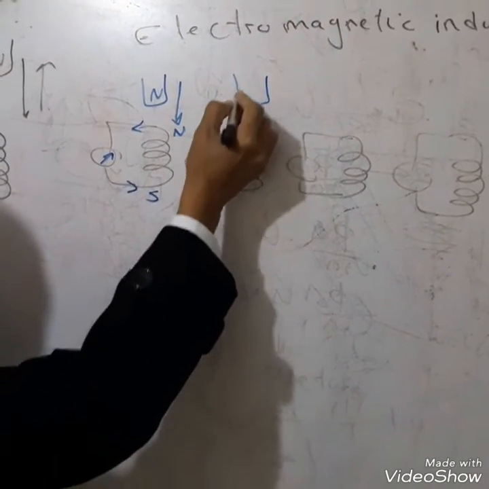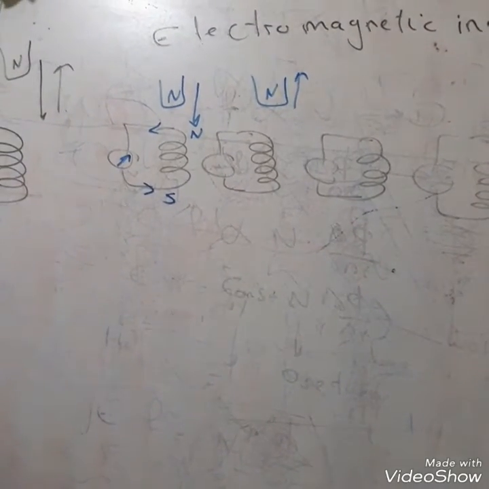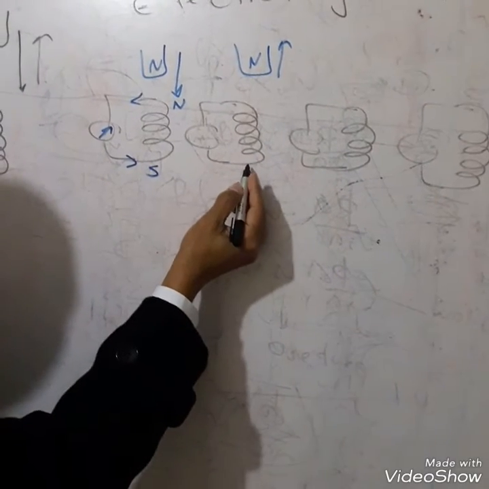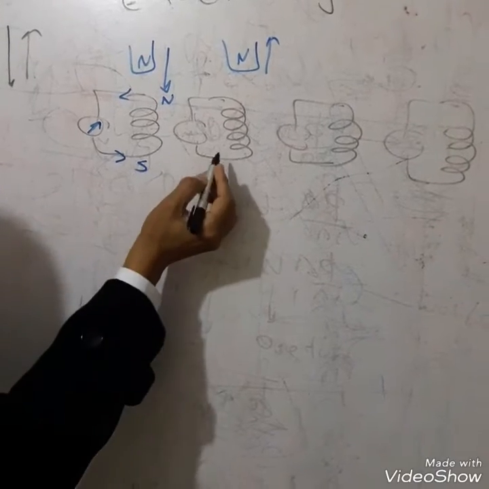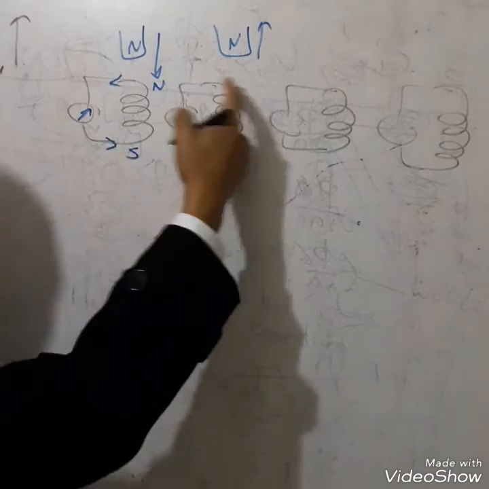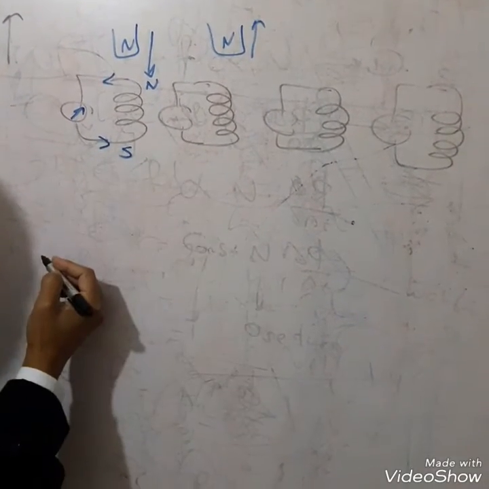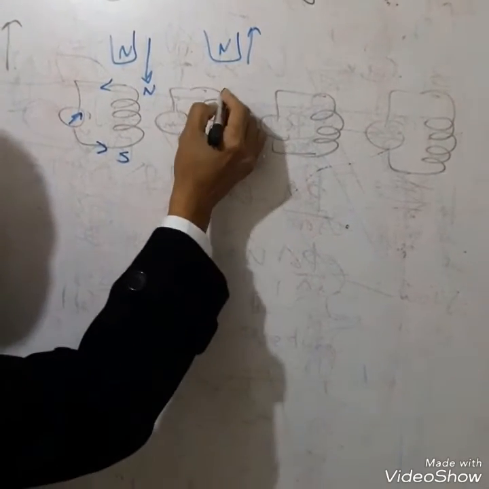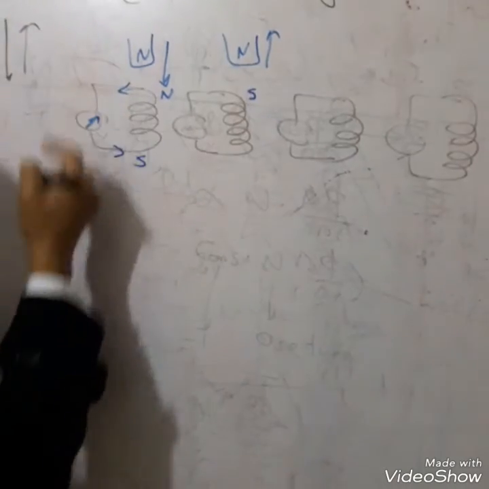If the north pole moves away from this coil, the electric current induced inside the coil opposes the change. How? The electromotive force generates a magnetic field inside the solenoid as a magnet, so it generates south to attract the north that is moving away, and north to repel.